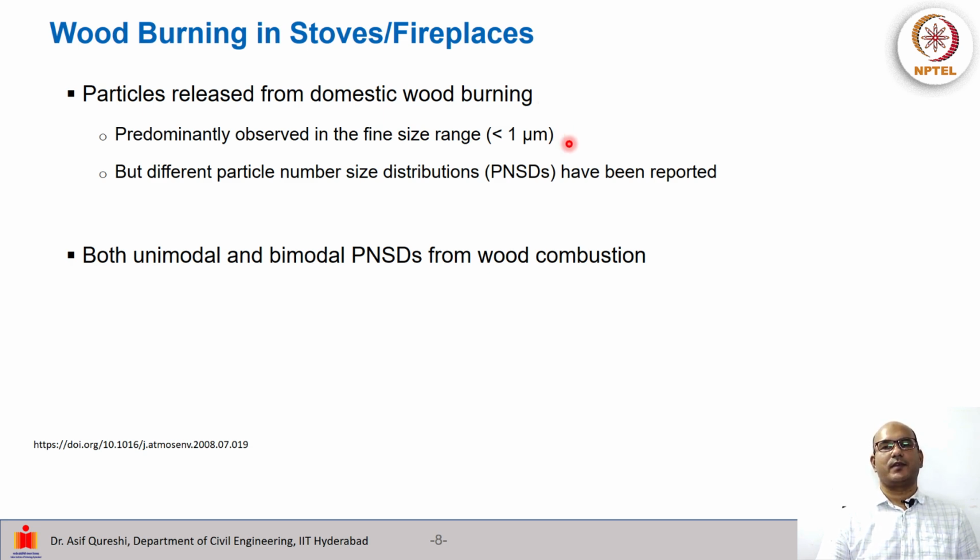However, many different particle number size distributions have been reported, which means it is not clear cut that the number size distribution will remain the same, although the particle sizes will generally be less than 1 micrometer, but the distribution will be very variable, and both unimodal and bimodal particle number size distributions have been observed.